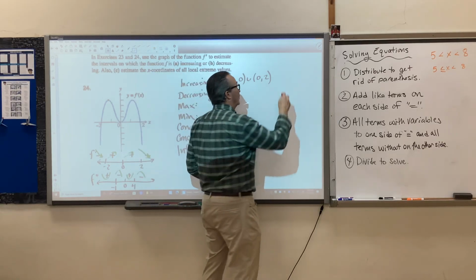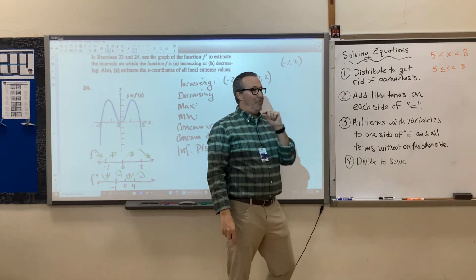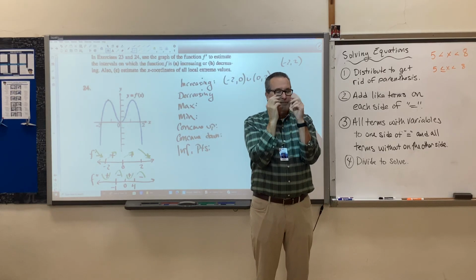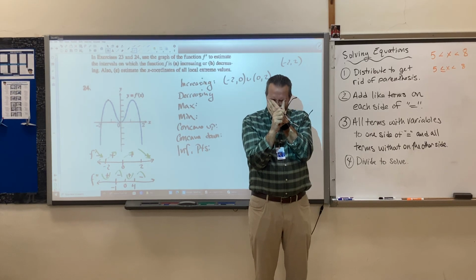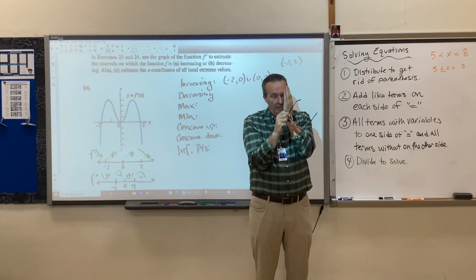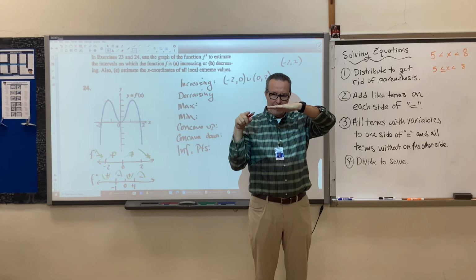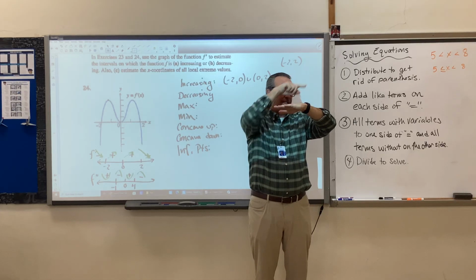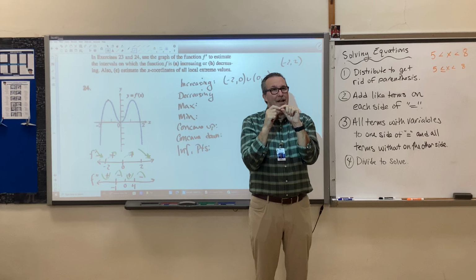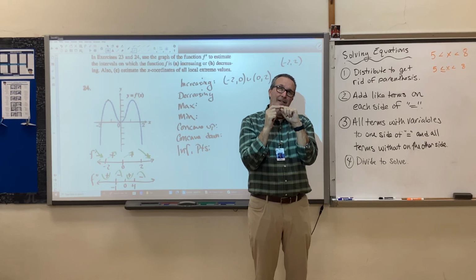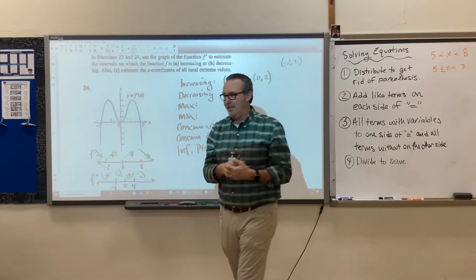Negative 2 to 2, because at the point where it has a horizontal tangent line, it increases and then increases some more. That point is a little bit higher than the one to the left and a little bit lower than the one to the right, so it's probably included as a point where it's increasing.